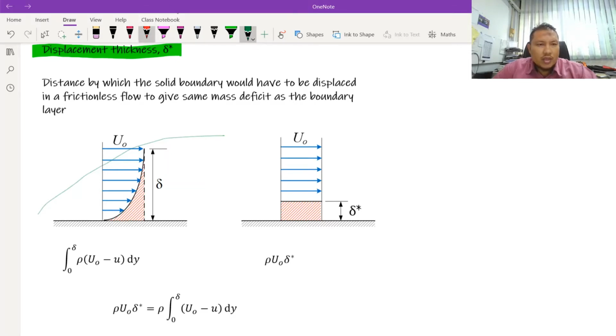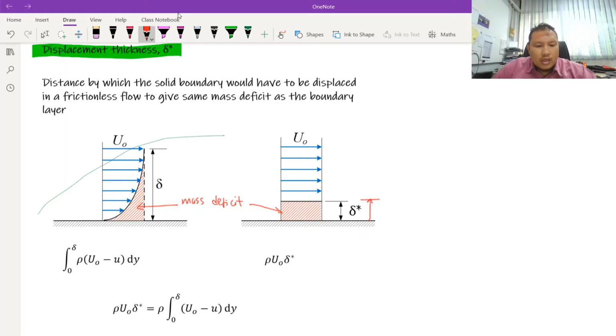So we have a solid boundary here, and we increase the solid boundary by this displacement in order to provide the same mass deficit. So in order to get the same mass deficit, we increase this boundary up to this height.